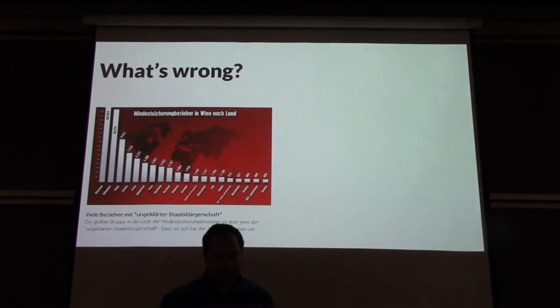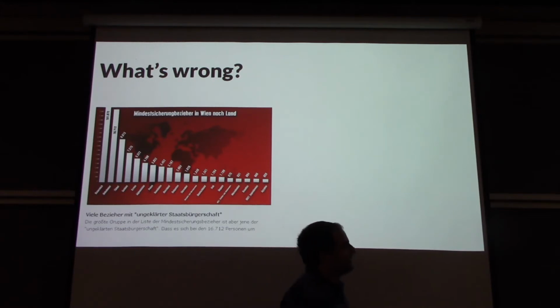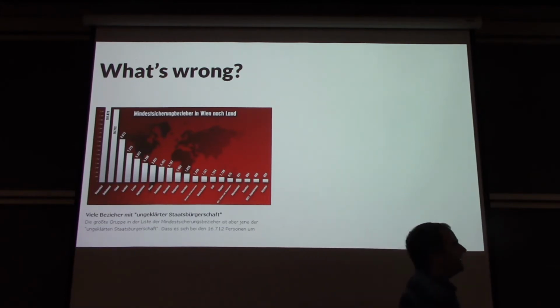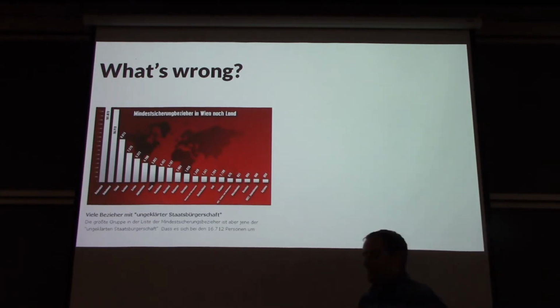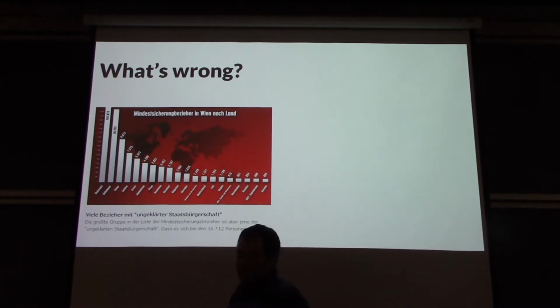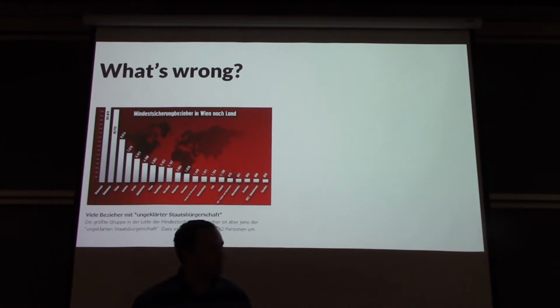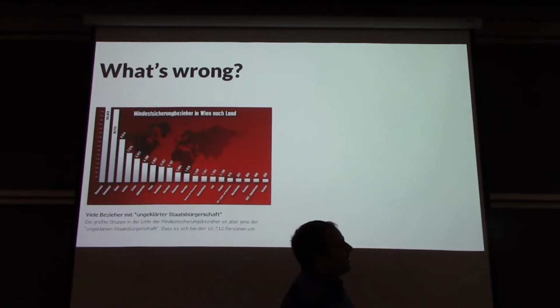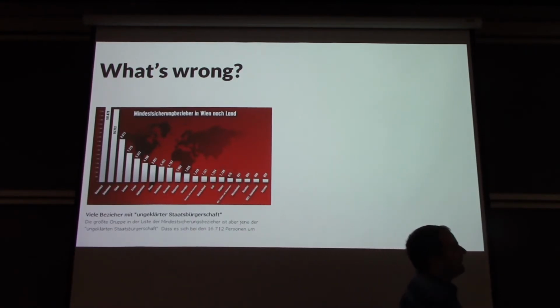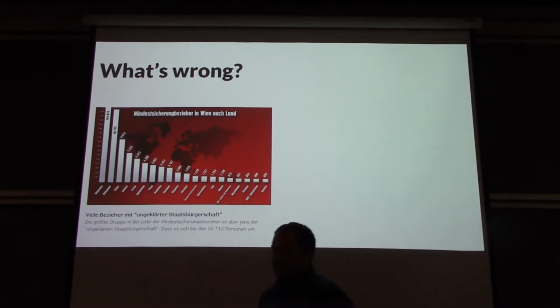Here is another chart. This is an Austrian newspaper, a right-wing tabloid newspaper that is known for political positions against immigrants and so on. And this is a chart that shows us all the people who get Social Security and where they're from in Vienna. So what does this chart look like?